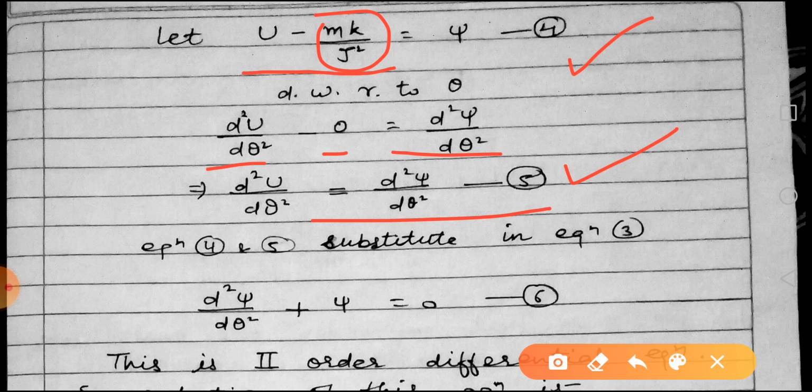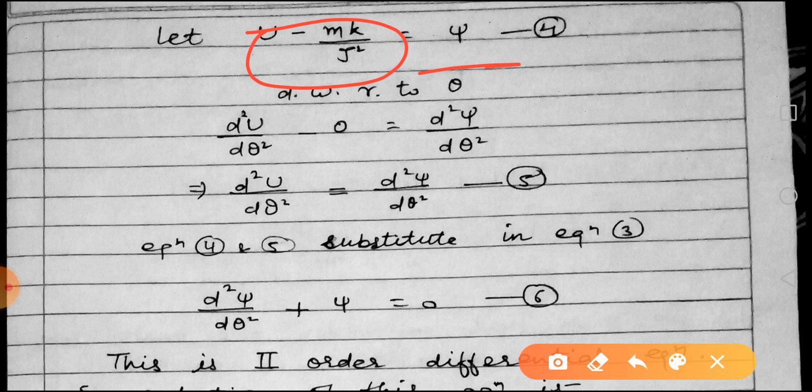In equation 3, d2u upon d theta square is replaced by d2 psi upon d theta square, and u minus mk upon J square is replaced by psi, so d2 psi upon d theta square plus psi is equal to 0.